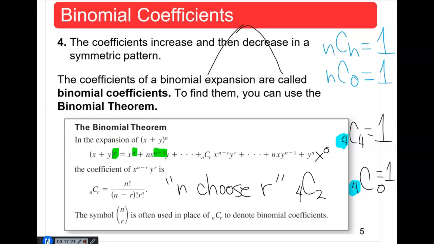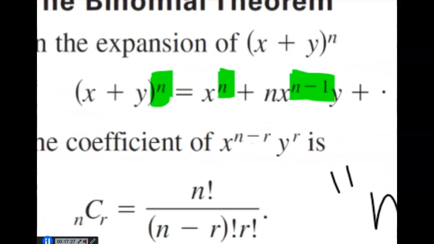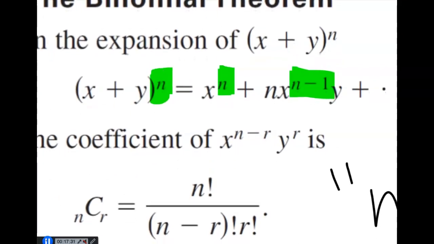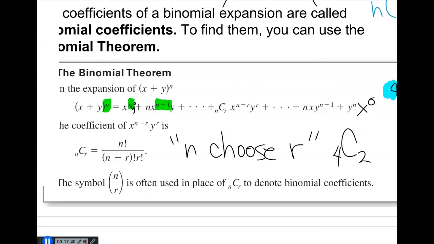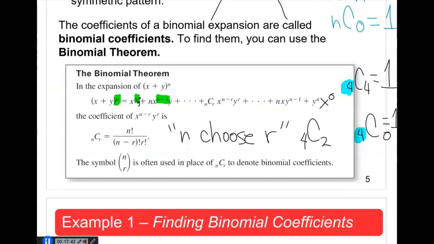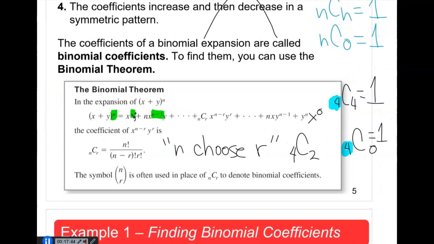And then for the powers of y, we would start with the very first one being y to the power 0. And it's not written down here, but I'm going to write it. Y to the power 0. And then you could see how they will be increasing by 1 until they get to n.